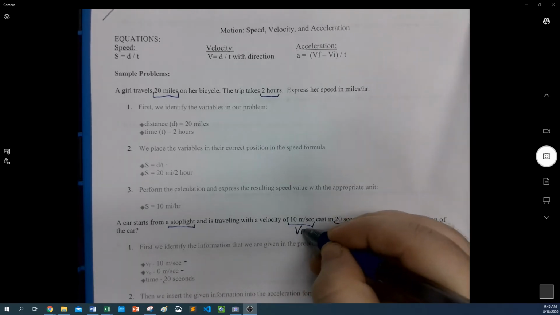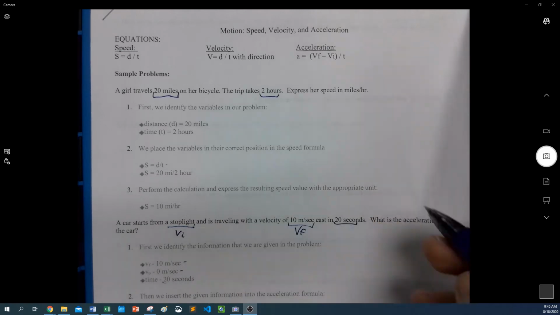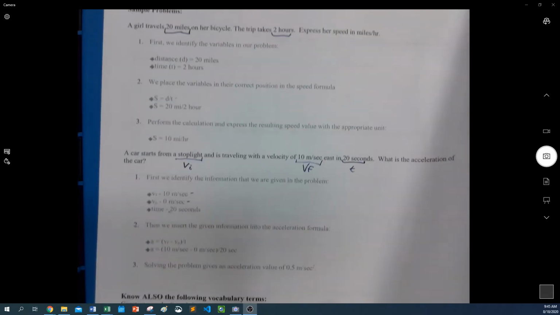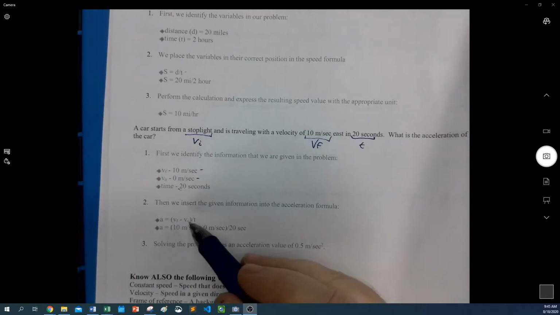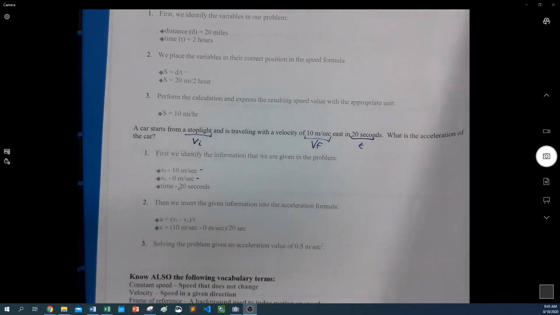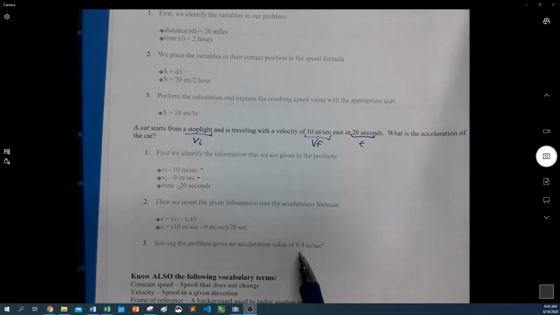So this would be final, this would be initial, that would be your time. So we identify our equation. Our equation is going to be final velocity minus initial velocity divided by t. Plug in our numbers and then perform the calculation and you'll get half a meter per second.